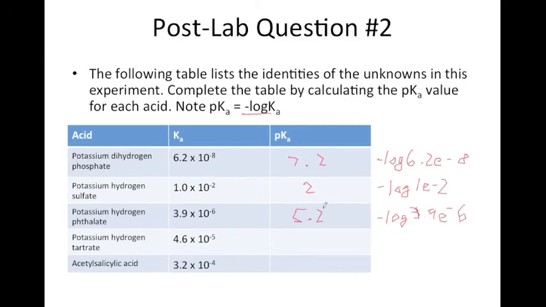Then we have 5.4. Then we take the negative log of this one, and we get 4.2. And finally, the negative log of this one comes out as 3.5.